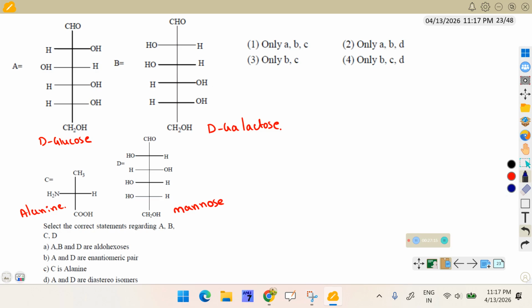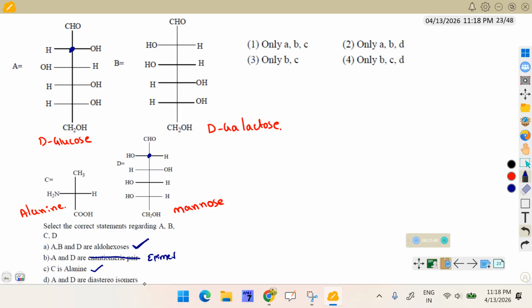Now A, B, D are aldohexoses. Yes, six-membered atoms are present. Aldehyde functional group is present. Aldohexoses correct. A and D are enantiomeric pairs. A and D differ at the second carbon only, not an enantiomer pair. It is an epimer. So second statement wrong. C is alanine, correct.